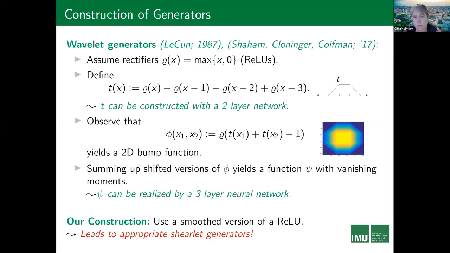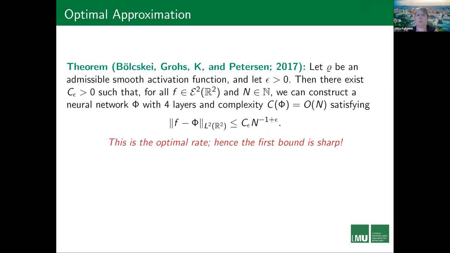So here, again, to summarize, you can use 3-layer neural networks to mimic shearlets, which you can then use, as we saw before, as a component for your proof. And so this leads to a result of the type with a certain type of activation functions. So this admissible relates to, for instance, this smoothed out version of ReLUs.